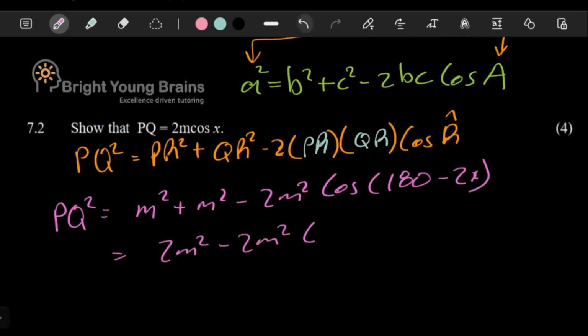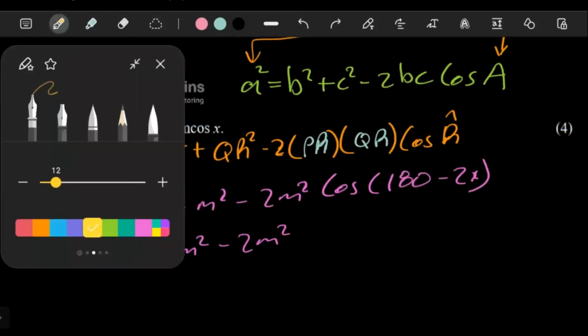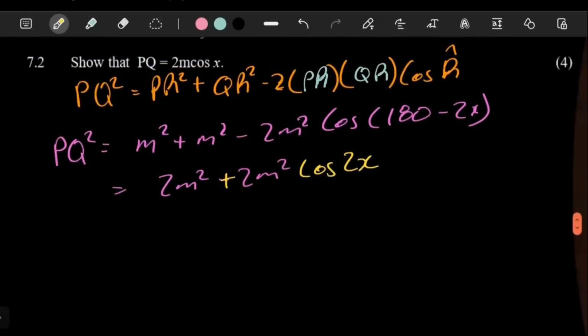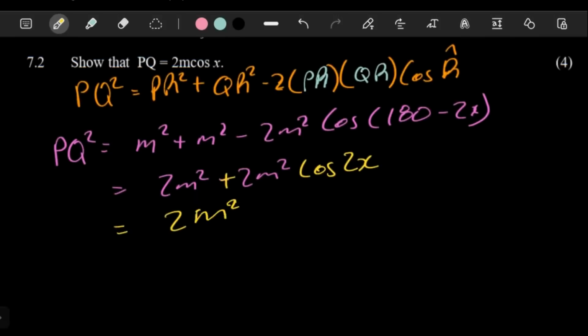Cos of 180 minus is in the quadrant where only sine is positive, so this would change, and here you would have cos 2x. Here you can take out a common factor, which is 2m squared, times 1 plus cos 2x.